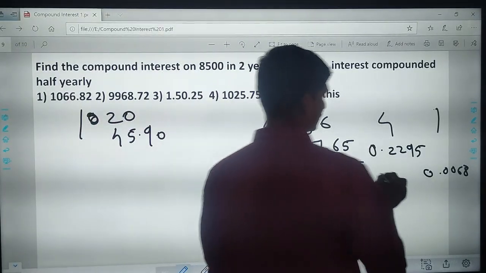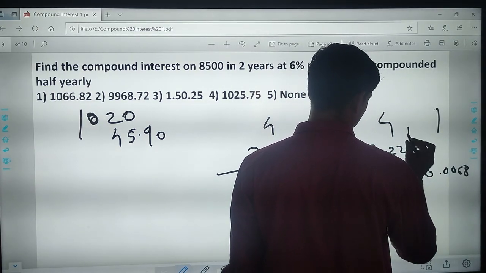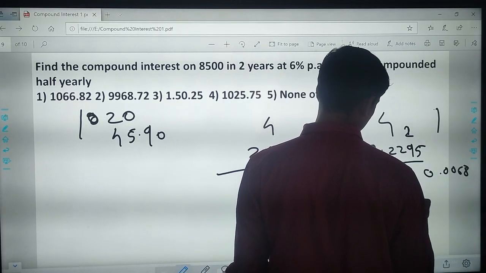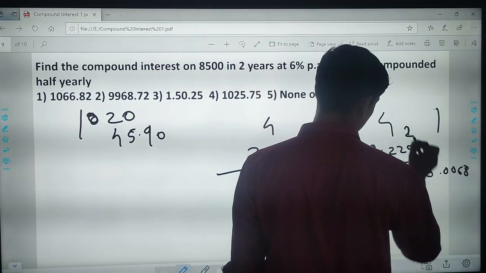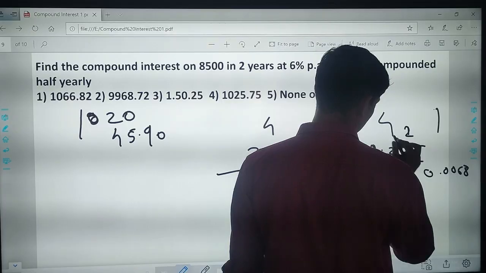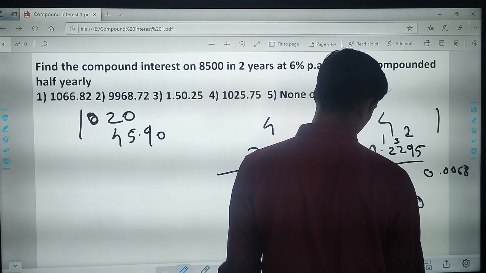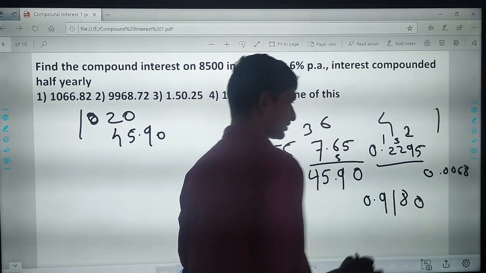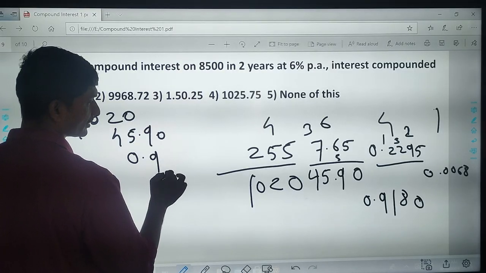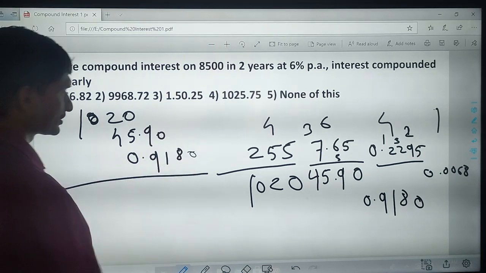Here we get cross multiplication. 0.9180.